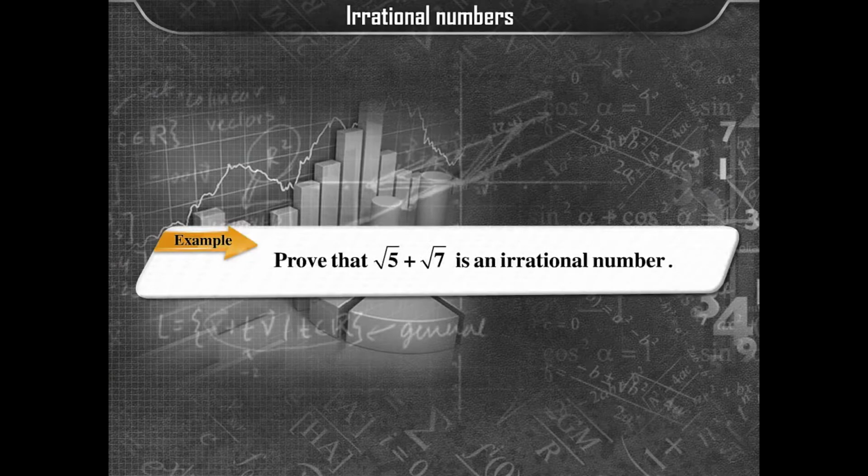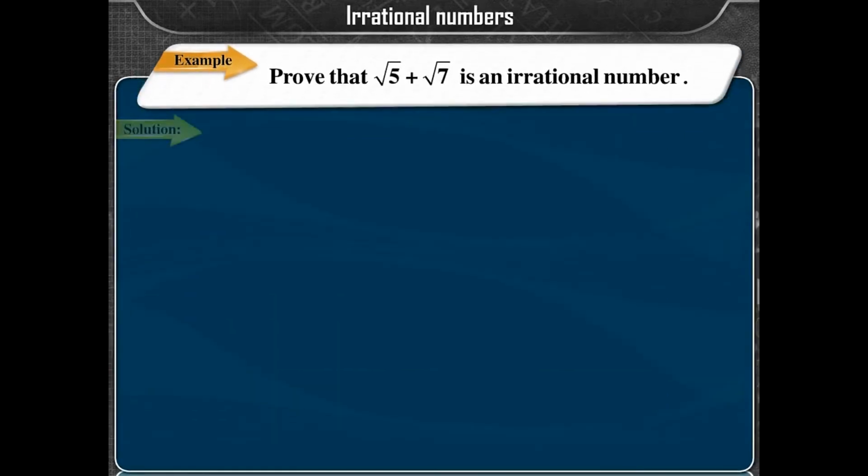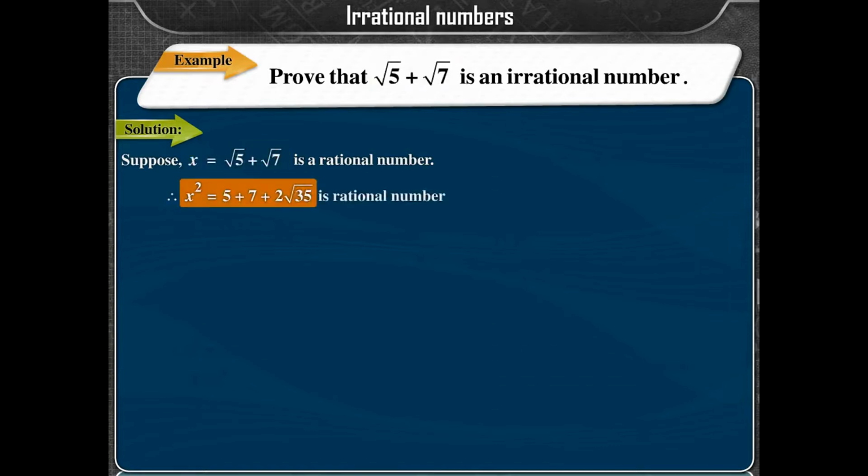Example: prove that square root of 5 plus square root of 7 is an irrational number. Proof is as follows. Suppose x is equal to square root of 5 plus square root of 7 is a rational number. Therefore, x squared is equal to 5 plus 7 plus 2 into square root of 35, which is rational.